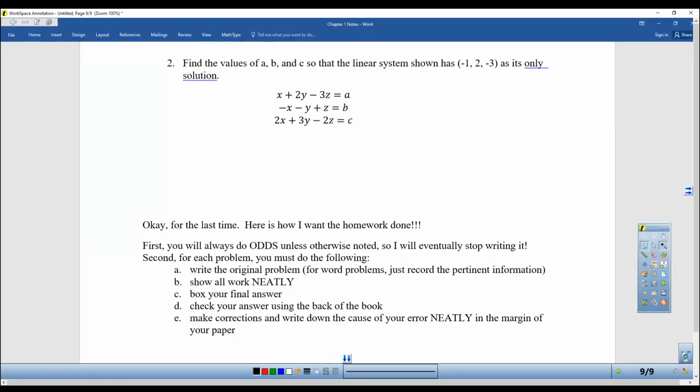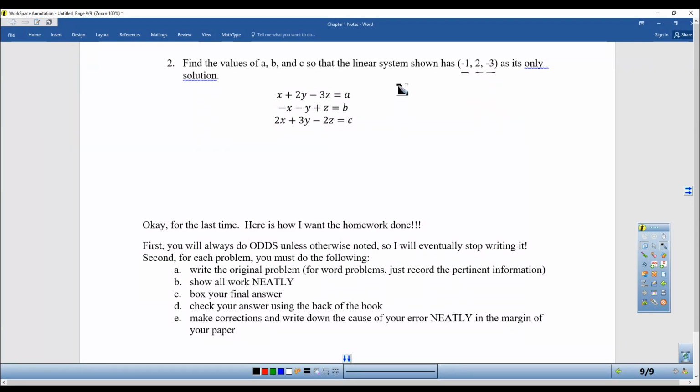Last one. Find the values of A, B, and C so that the linear system has -1, 2, and -3 as its solution. So what does it mean to be a solution? It means that when I plug this ordered triple in, it makes the equation true.